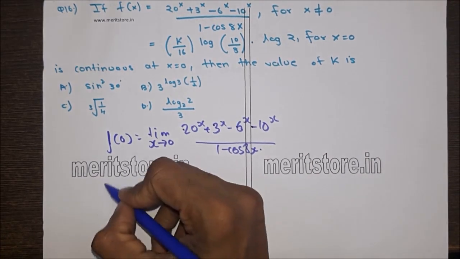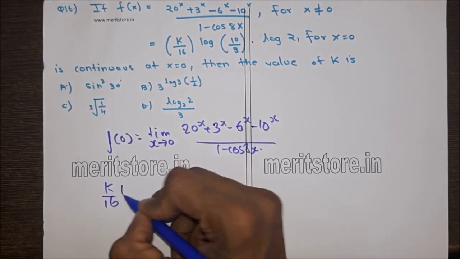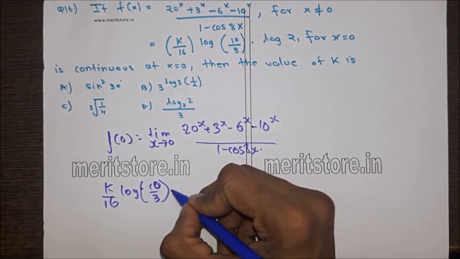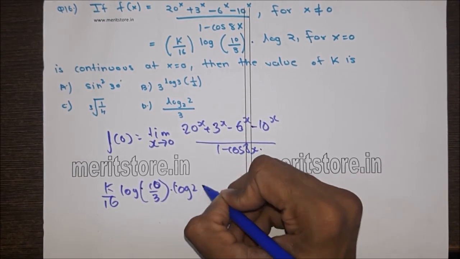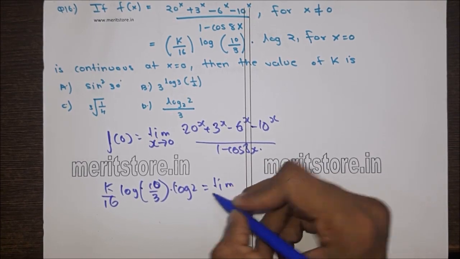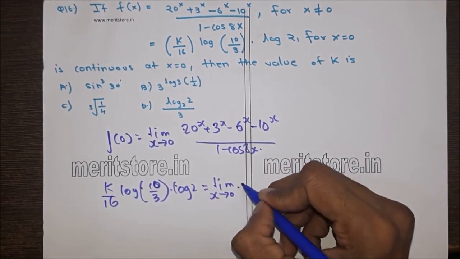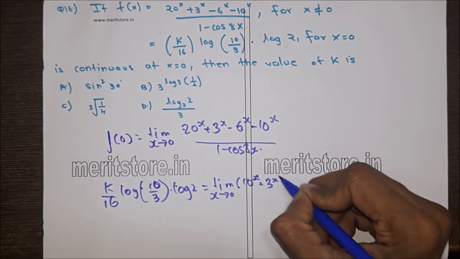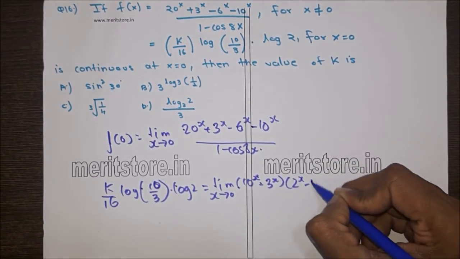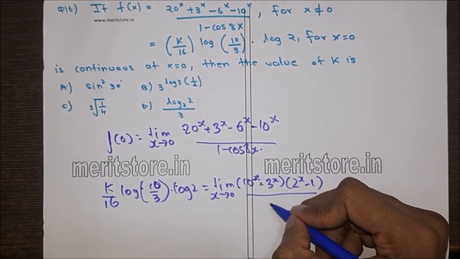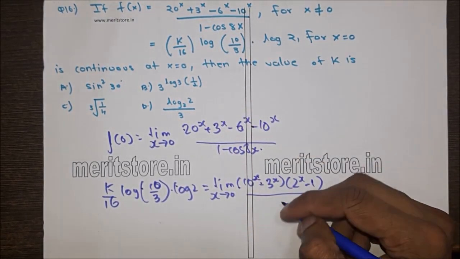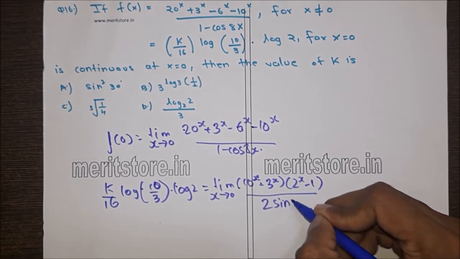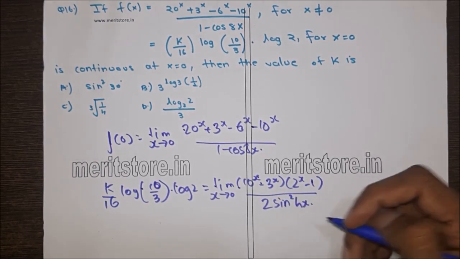We can write this as k by 16 log 10 by 3 into log 2, which is equal to limit x approaches to 0, (10^x − 3^x)(2^x − 1) upon, we can write 1 minus cos 8x as 2 sine square 4x.